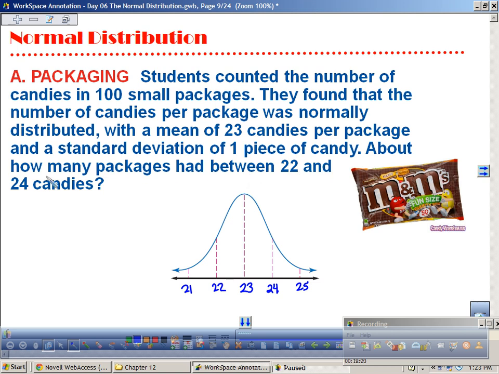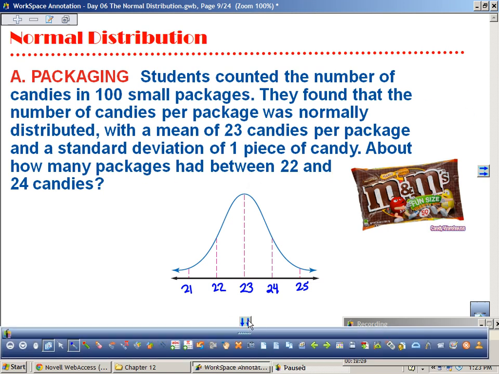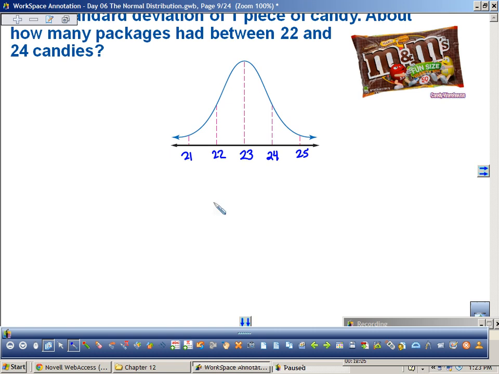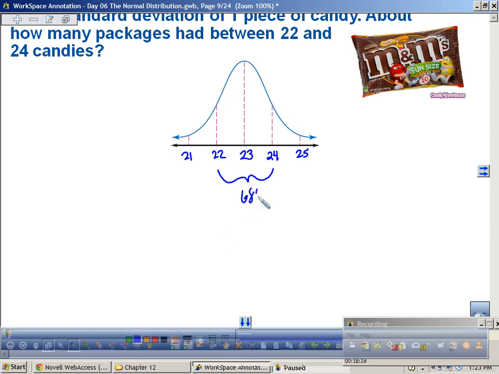How many packages had between 22 and 24 candies? 68%, but it didn't ask me the percentage, it asked me how many. So 68% of 100 packages is 68.